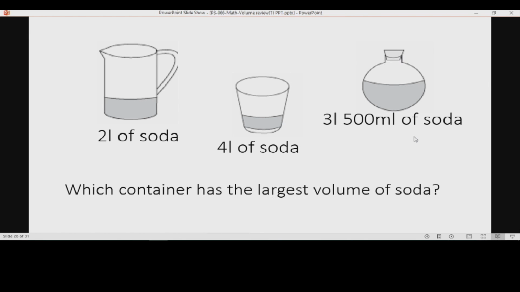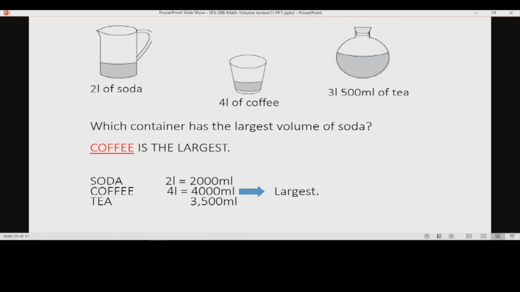So which container has the largest? 4 litres of soda. Excellent. The middle container has 4 litres, which is the largest. 4 litres equals how many milliliters? 4,000 milliliters, which is the largest.